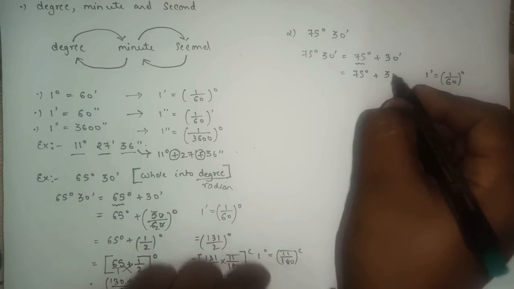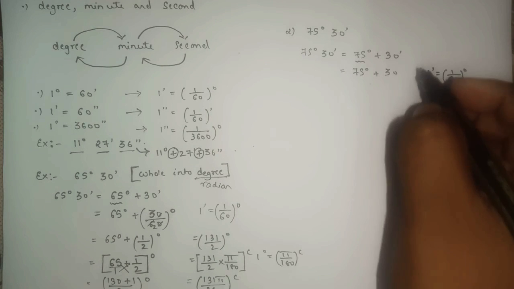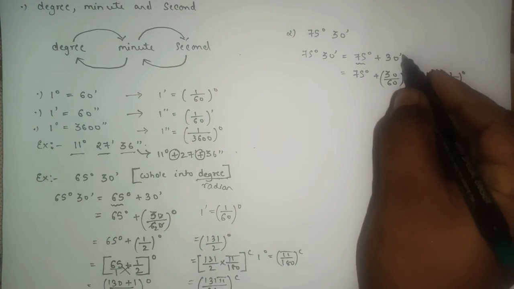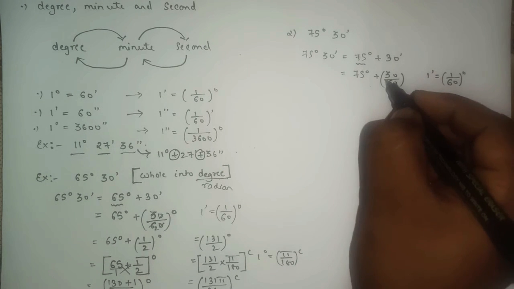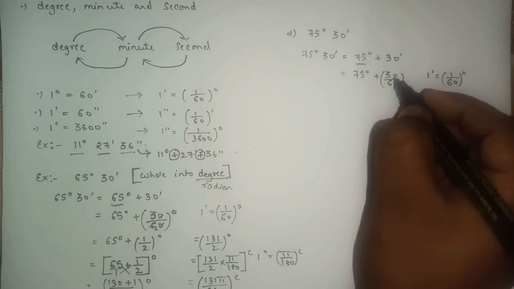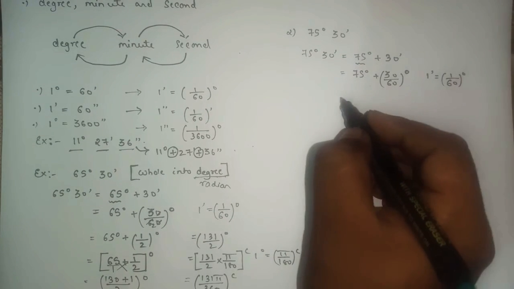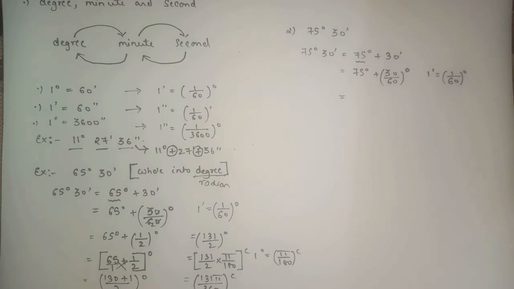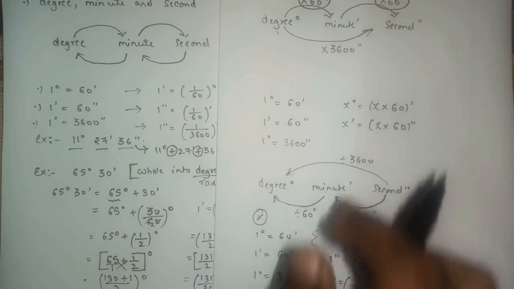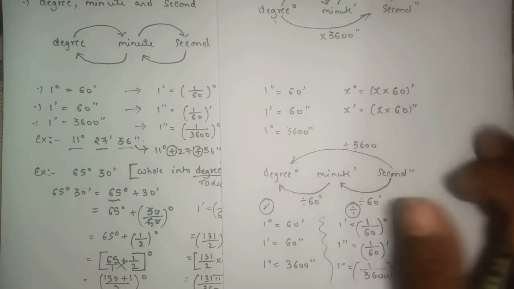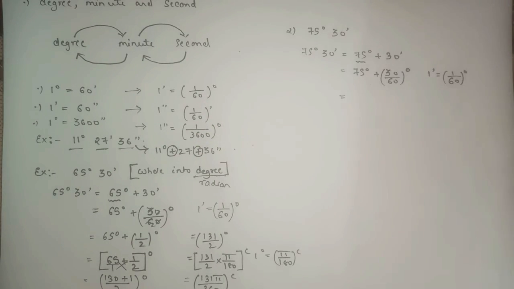So here the same step you have to follow. So here 30 upon 60, as you divide that number by 60, it will get converted into degree. So this is the process, this is the relation. I hope you understood how to convert degree to minute and minute to degree.